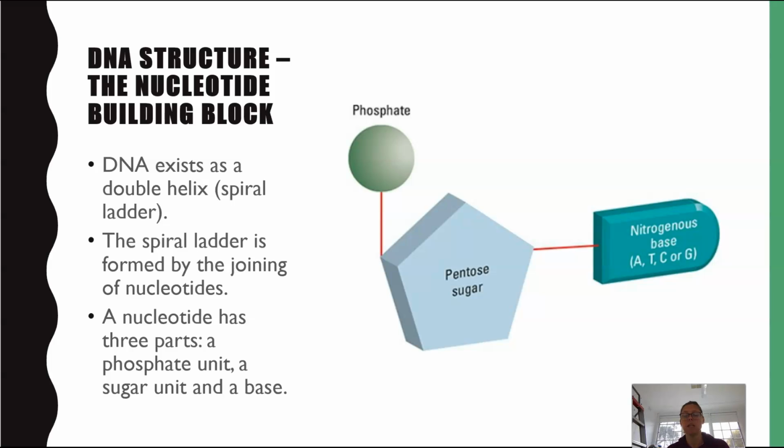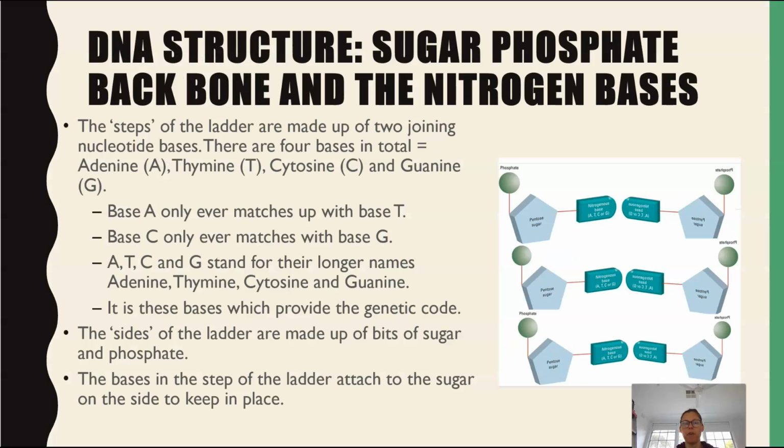Those bases are A, T, C, or G, and we'll look at what they are a little further on. So here we have that same unit just over here, where we have a phosphate, a sugar, which then joins a base. You can see that there are repeated units. This would be one part of the backbone of the ladder. This is another, and they pair up here.